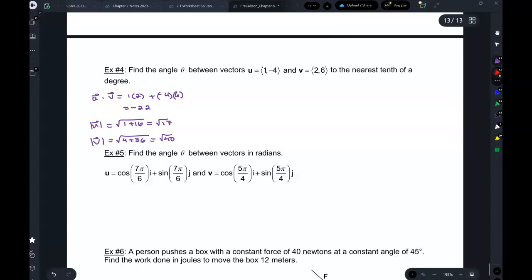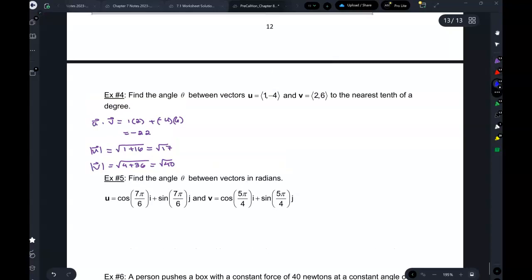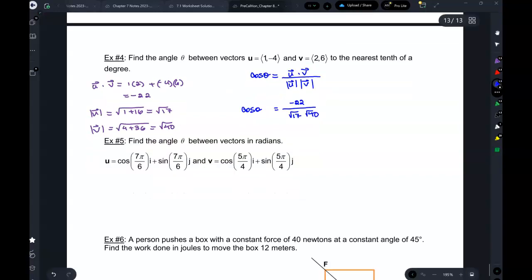Now what I need to find is cosine of theta. Cosine of theta is u dot v over magnitude of u, magnitude of v. That's the formula. So u dot v, negative 22, over root 17, root 40, and this is the cosine of theta. So what's theta then?